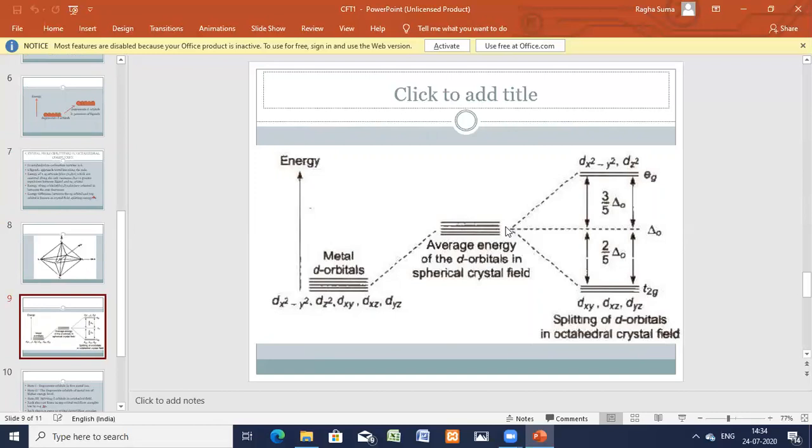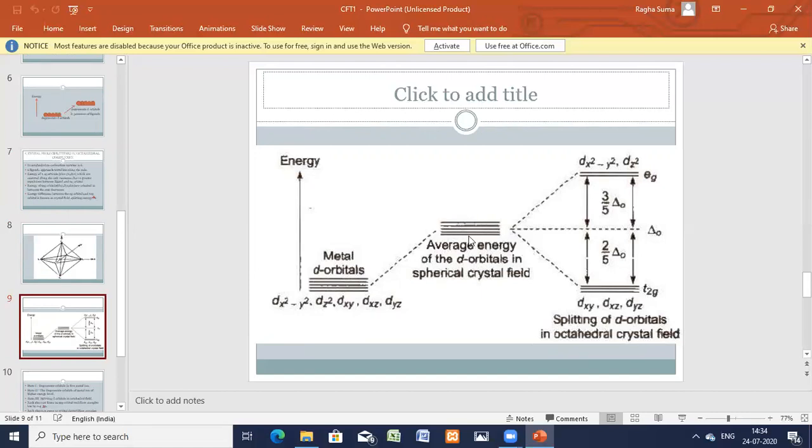Now the orbitals along the axis, that is the EG set, dx square minus y square and dz square, experience more repulsion, so they gain more energy. Here, this is the actual energy of the d orbitals in presence of ligands.